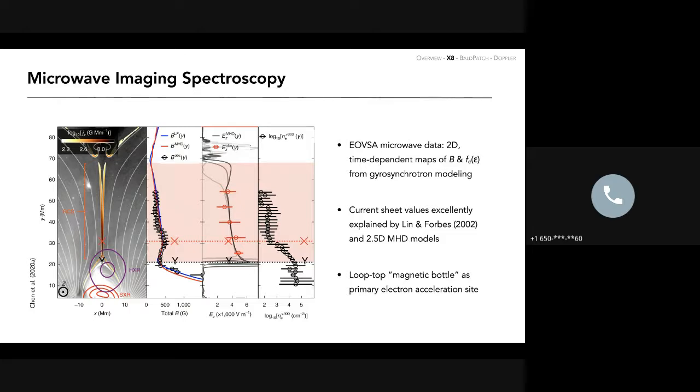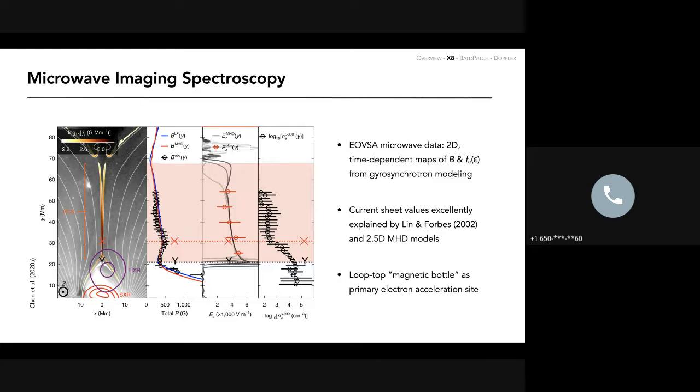Now, I'd like to go over these really nice observations from microwave imaging from the Owens Valley telescope. This expanded Owens Valley array observed the entirety of this X9 flare.